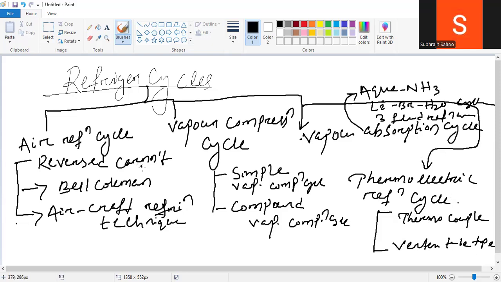Reversed Carnot cycle I will tell first, then this one, then this one. That means first I have to cover this part. This is nothing but your first unit, I think.